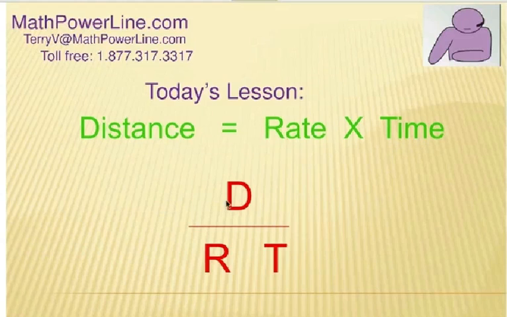What I want you to do is think about using this visual here, this structure that will remind you of what to do. In a word problem, if the distance is unknown, you are going to multiply the rate times the time.